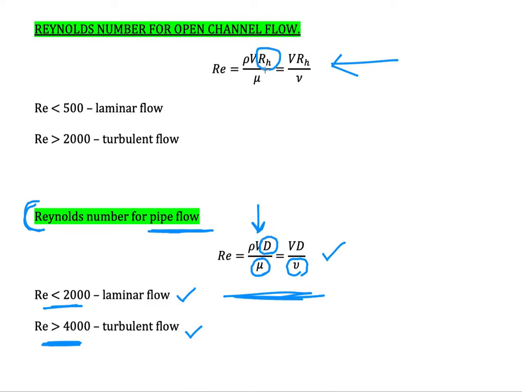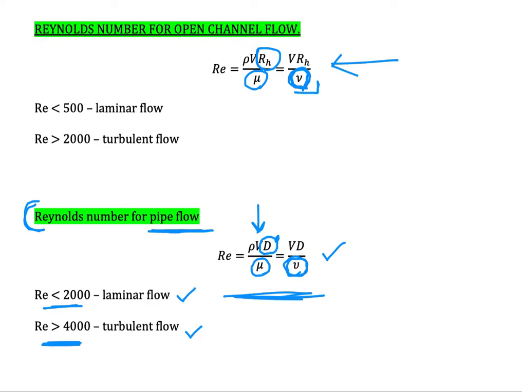So now the equation for Reynolds number for open channel becomes rho VR over mu or VR over nu, where mu is the dynamic viscosity and nu is the kinematic viscosity. The only change is that the diameter is replaced with the hydraulic radius.